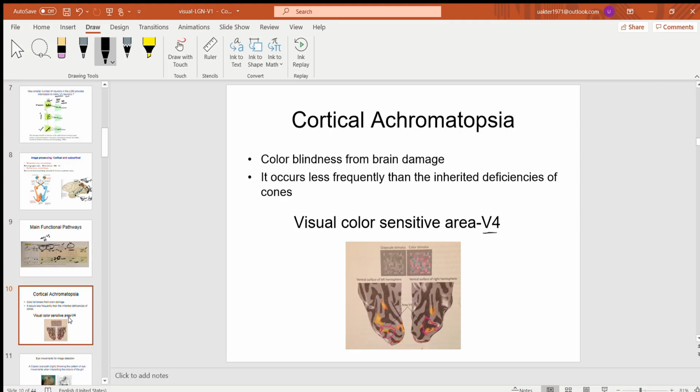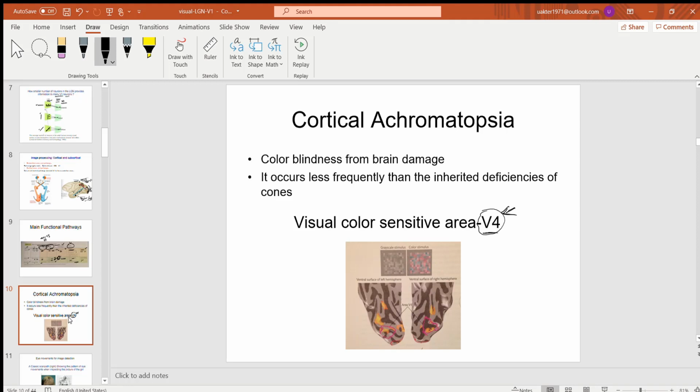However, it can happen that your cones are fine. You have all three color sensitive cones in the retina, but your V1 area is damaged, or the neurons are lost in V4. So in that case you will also have color blindness, but this case is much less seen than the loss of cones.